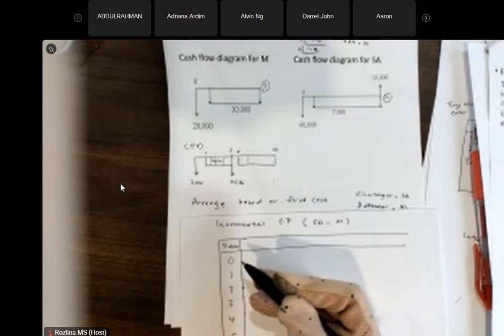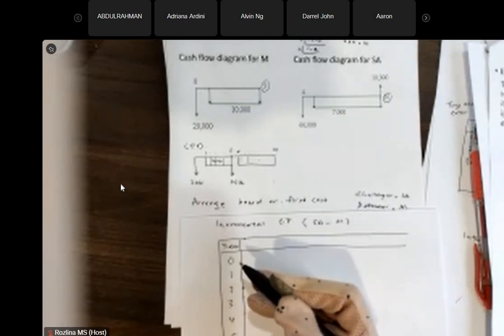Saya okay, dapat 3K. Okay, 3K, 10K. 20K.